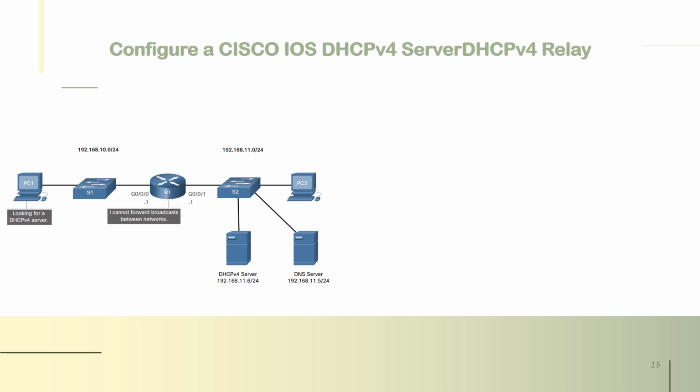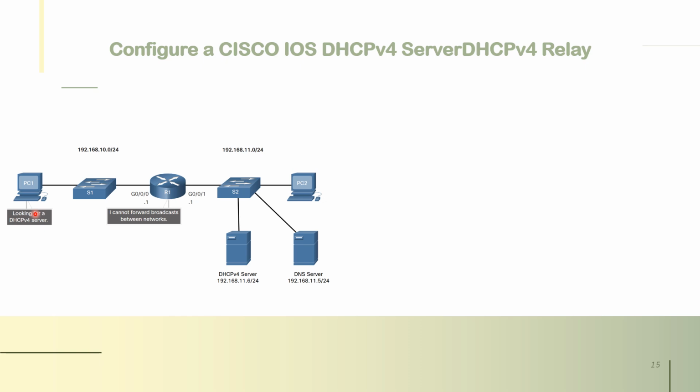Here in this figure, we have the PC1 that is attempting to acquire an IPv4 address from a DHCP version 4 server by using a broadcast message. Here in this scenario, the router 1 is not configured as a DHCP version 4 server and does not forward the broadcast.